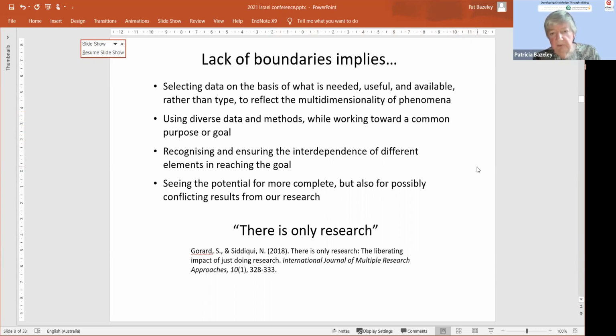So we use diverse data and methods, and yet at the same time, we're working towards a common purpose or goal. So you have different methods, but within a common purpose. In order to reach that goal, those methods will become interdependent.